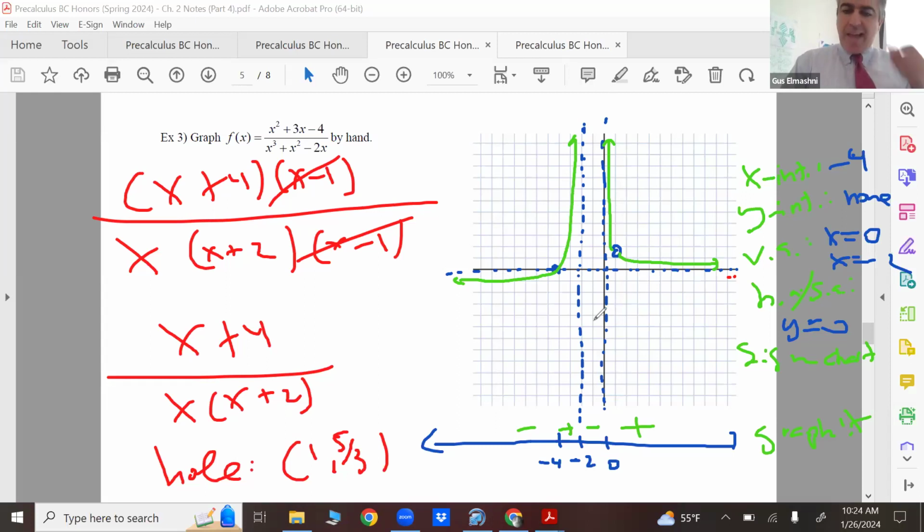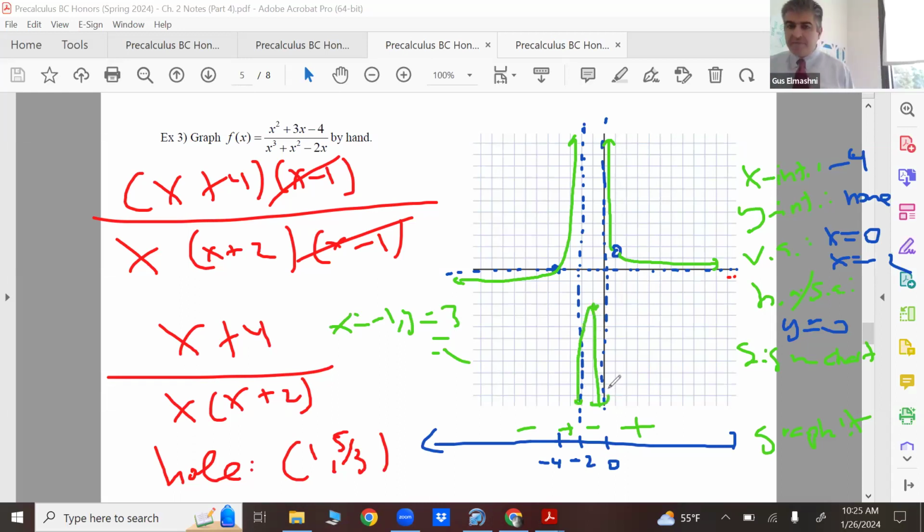And then here, I guess I will plug in -1. If x is -1, what's y going to equal? It should be 3 over -1, so -3, I think. Probably something like that. So that one's a little funky. It's good to do funky ones.